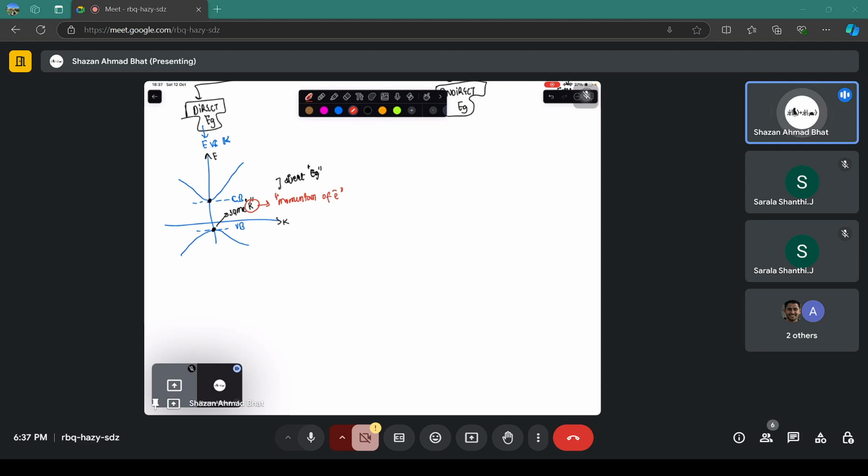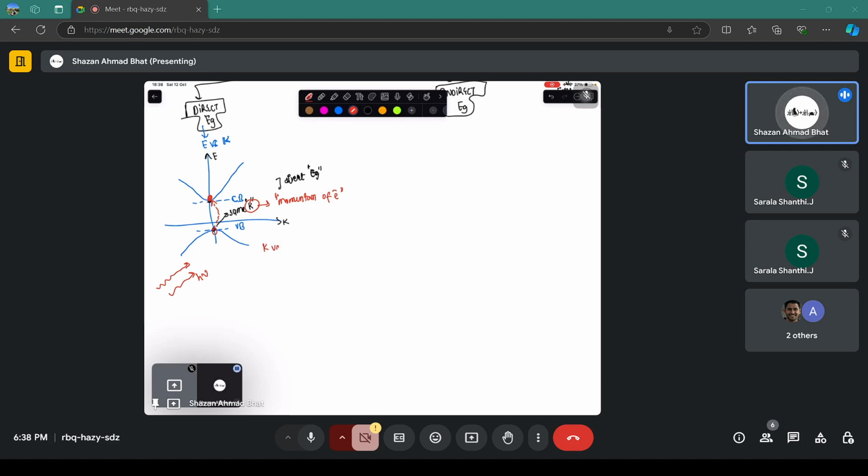That means whenever a light, h nu, is coming from this end, it is creating electron hole pairs, hole here, electron here. This electron goes here. You see, when the electron makes a transition to the conduction band, it does not change its momentum.